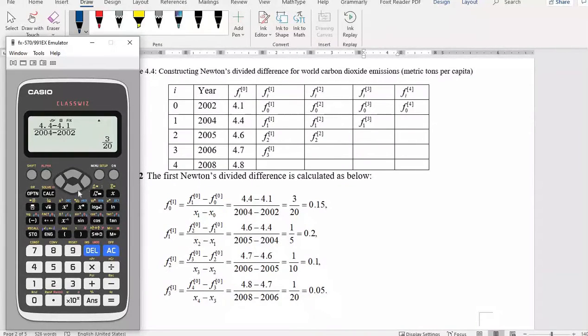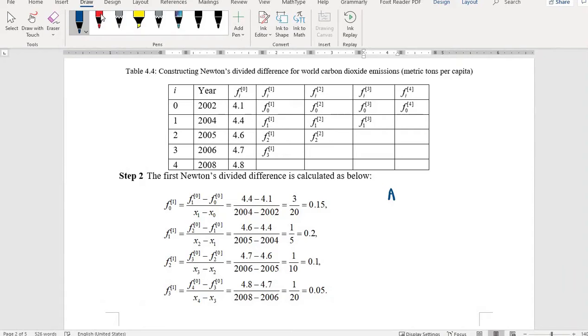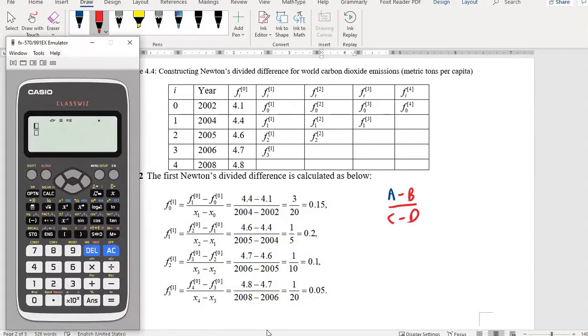Another way is, you notice it's actually a repetitive calculation, so you may input the formula. Let's say I label the formula as A minus B divided by C minus D. Because your operation is only repeated, only the values of A, B, C, D change.